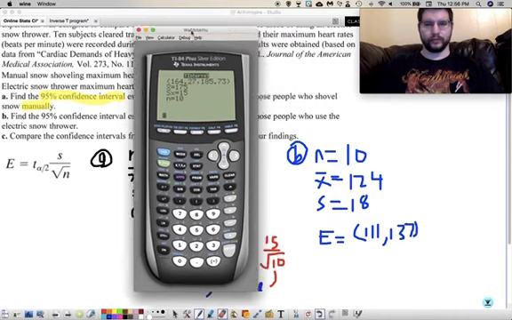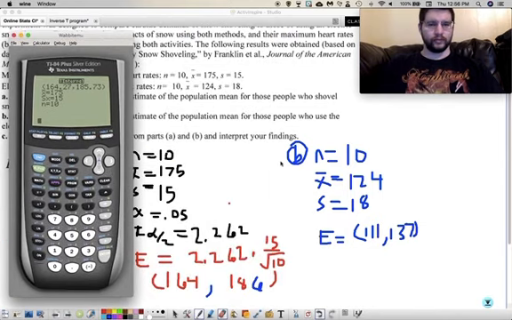All right, if we do the T interval on the TI, 124, 18, everything else is the same. 111 to 137.